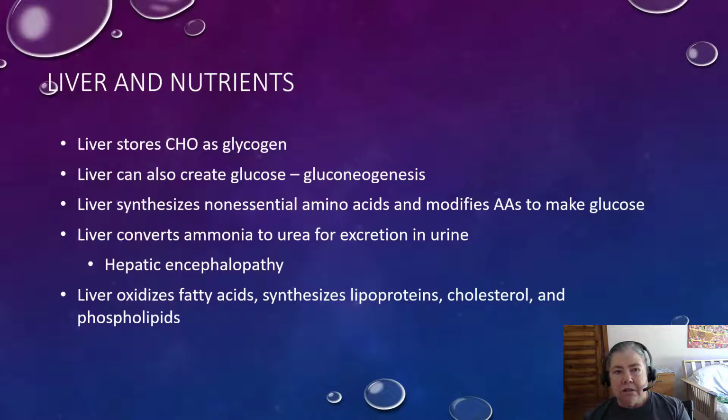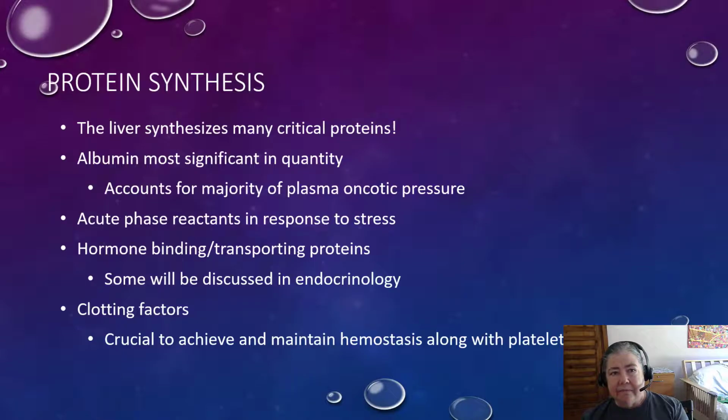The liver also oxidizes fatty acids. It synthesizes cholesterol and phospholipids and lipoproteins that are important in the production and maintenance of cell membranes. It synthesizes a ton of proteins. So the protein that is the most significant in quantity, I can't say the most important, but the albumin we've talked about accounts for plasma oncotic pressure.